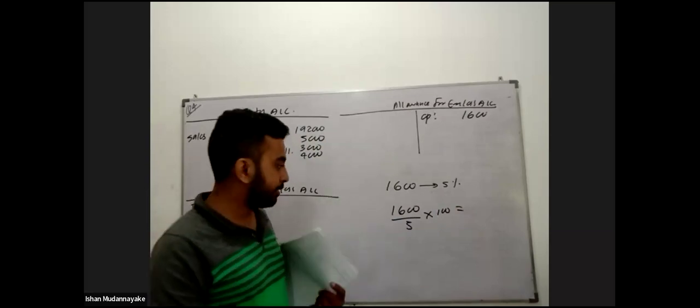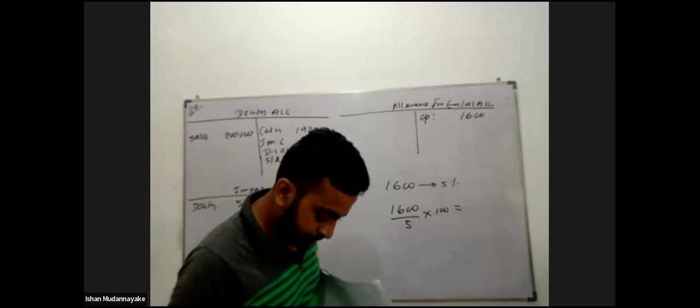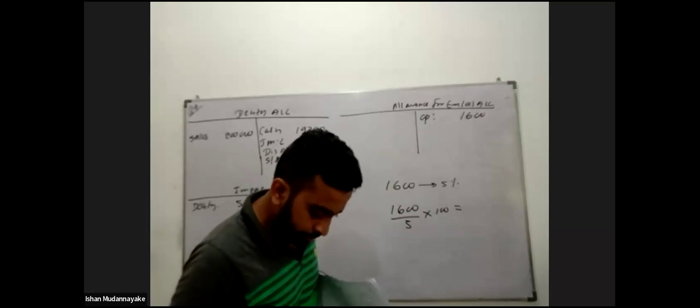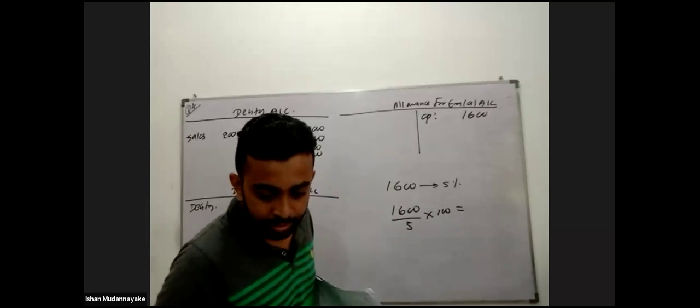So how much is the opening debtors balance? 1,600 divided by 5 into 100. Yes, correct.